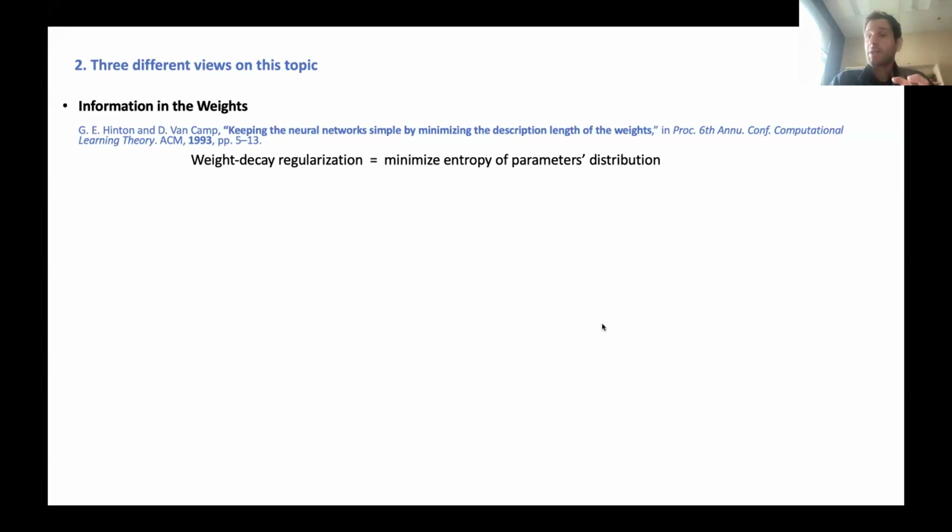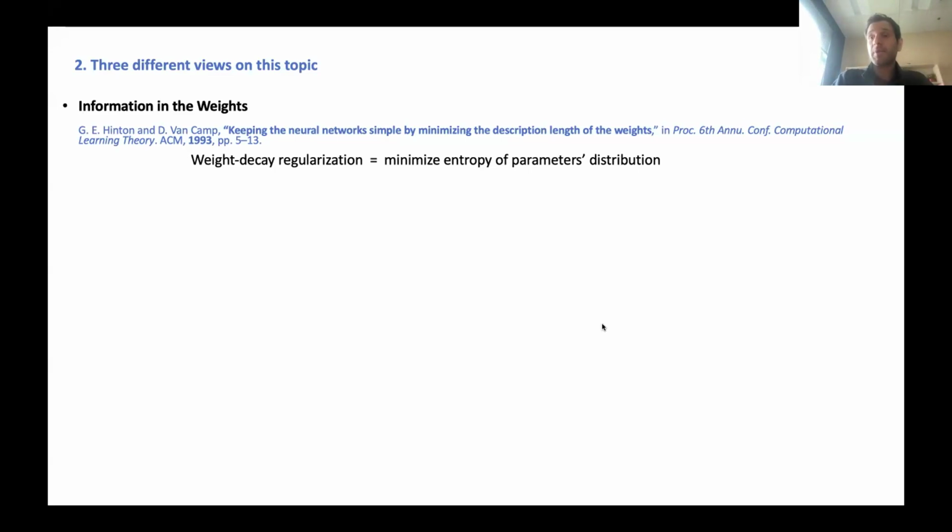Weight decay regularization is what you use to avoid overfitting, right? We do weight decay regularization to avoid overfitting, and overfitting means the time that you learn too much from your training data set. You don't want to learn too much from your training data set.